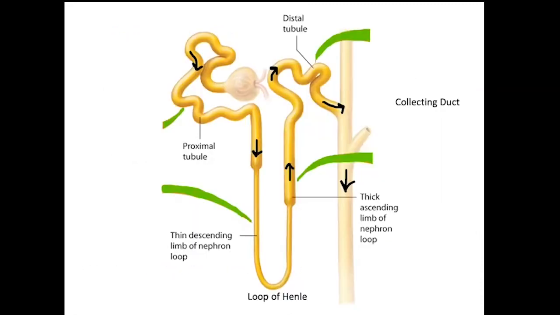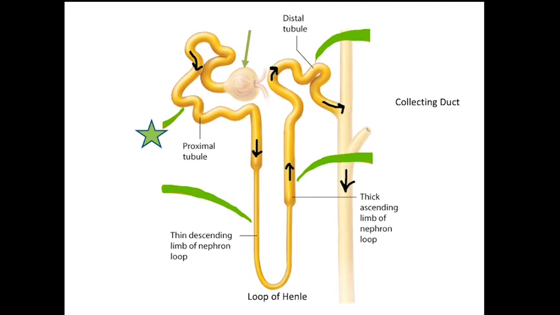Let's continue looking at the renal tubule. The previous slide covered the glomerular capsule. The filtrate now in the glomerular capsule will then flow into the next section of the renal tubule called the proximal convoluted tubule.